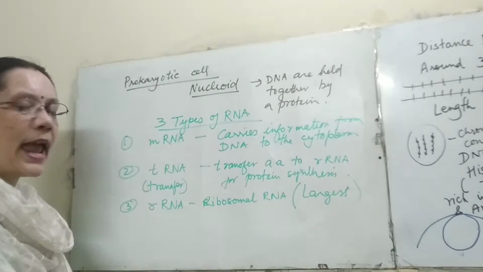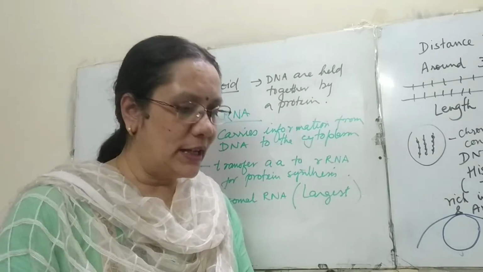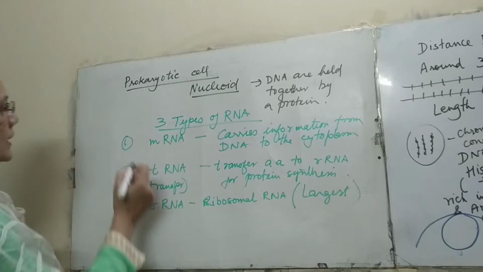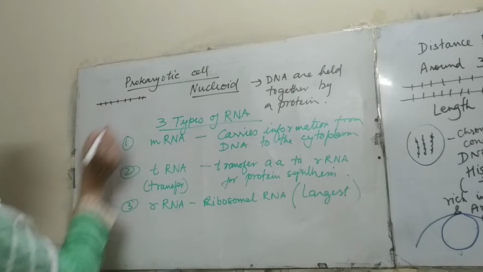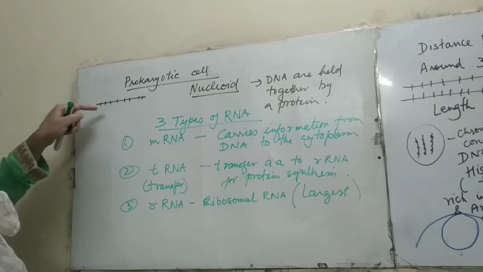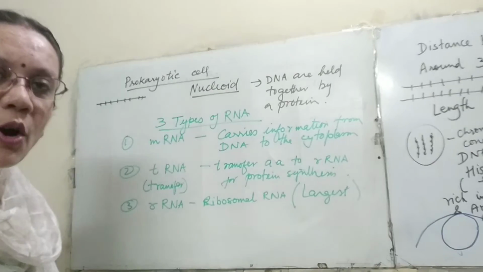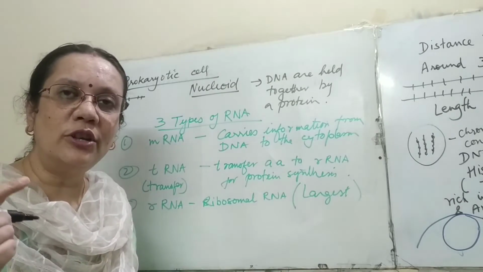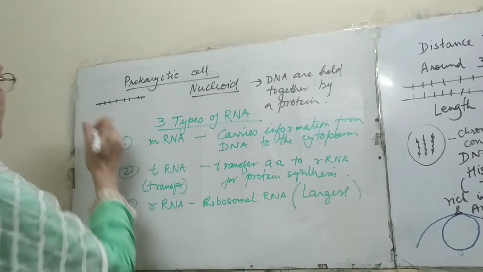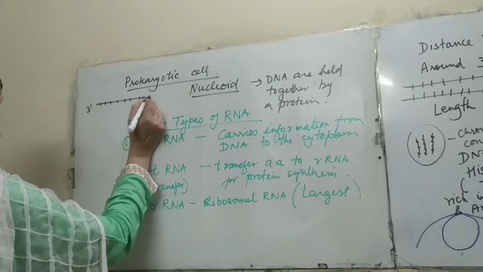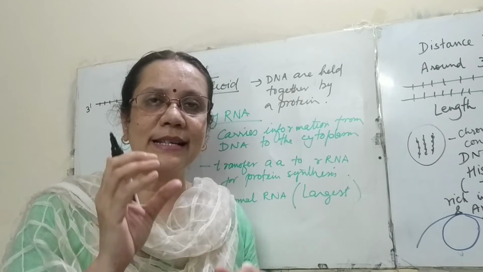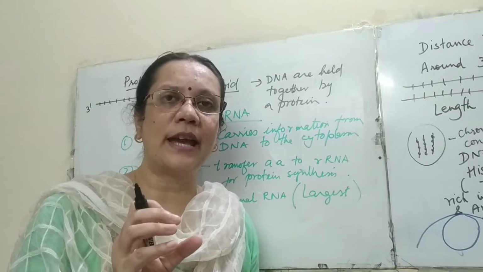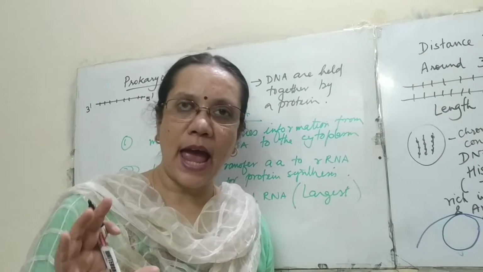Now what is mRNA? The structure, if you look, the DNA strand is somewhat like this, and these are the nucleotides, isn't it? Now the mRNA is formed from either one of the 2 strands of the DNA. Now the DNA has its code, that is a set of 3 nucleotides which code for a certain amino acid.